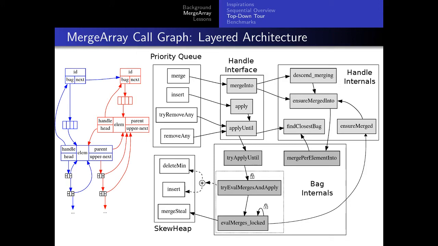And the way that works is that the public apply just goes to apply until, because apply until has a predicate and apply is just a convenience function. Mm-hmm. So that goes into a try apply until in the bags internals. And in there is where it loops over the different indices to try to apply it at each index.